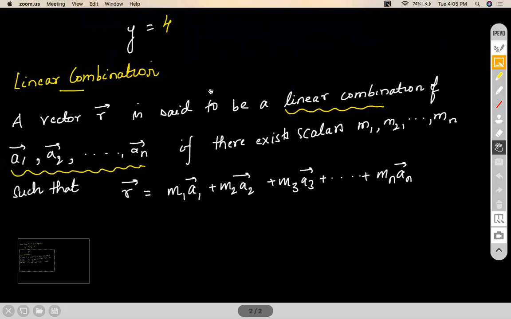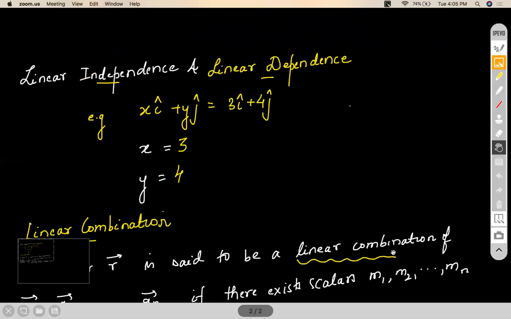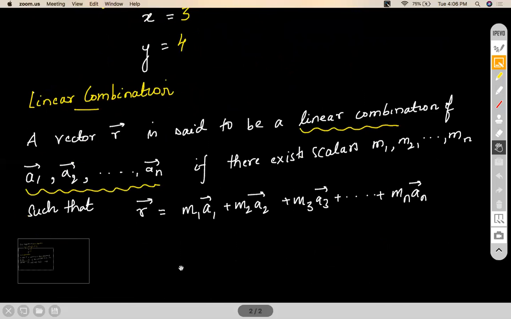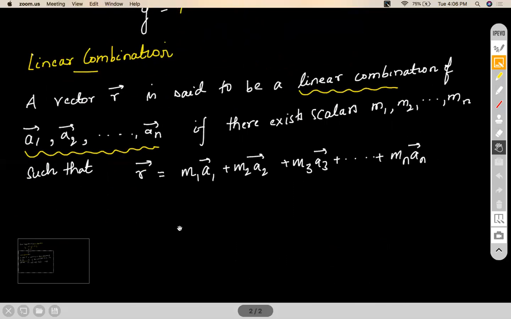So again, revising whatever we had discussed in the last 5 minutes, because some of you have joined late: when you say R is a linear combination of a1, a2, a3 till an vectors, that means there exist some scalar quantities m1, m2 till mn such that R can be expressed like this.